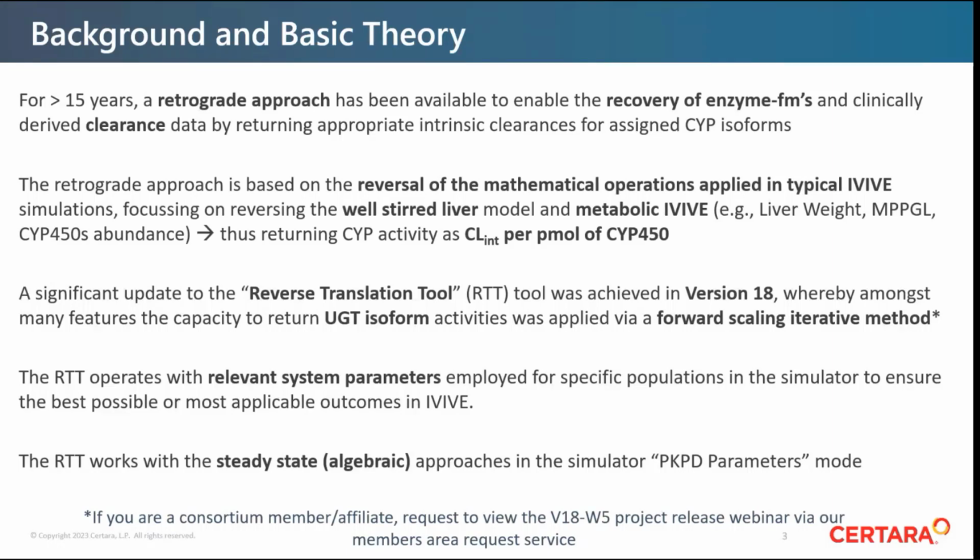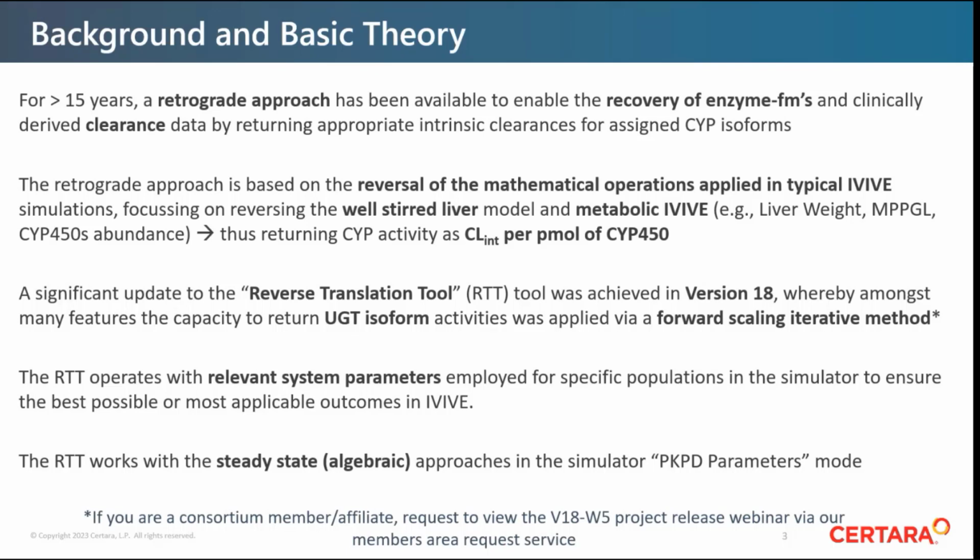Quite simply, the retrograde approach that was available for many years is based on the reversal of the mathematical operations applied in a typical IVIVE simulation, focusing on reversing the well-stirred liver model that we typically utilize and the metabolic IVIVE for the SIPs using a recombinant approach, where we will factor in liver weight, microsomal protein, CYP450 abundances, to name but a few parameters.